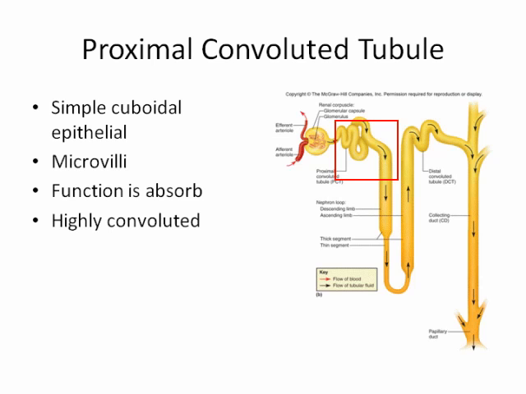And again, the function here is to absorb. The glomerulus is going to filter, and then we're going to see some reabsorption happen here, which is why those cuboidals are so important, because again, it's going to provide extra storage while we are reabsorbing. And it is highly convoluted. One of the reasons, speculatively, why we have a highly convoluted proximal tubule is to increase the length within a very short period of space.